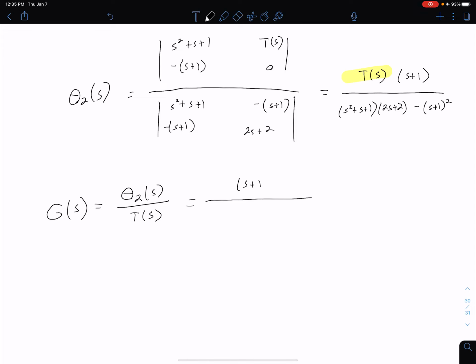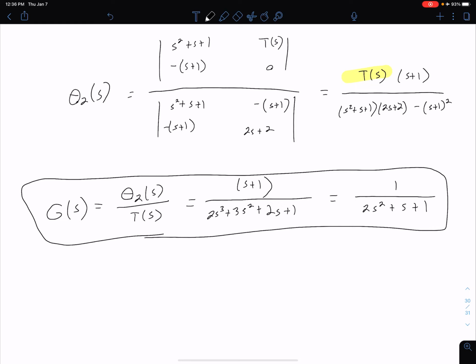We'll have s plus 1, and we have 2s cubed plus 3s squared plus 2s plus 1, just factoring that out a little bit. Then we can actually cancel out an s plus 1 if we factor out the denominator, so we get 1 over 2s squared plus s plus 1. That would be our final answer for our transfer function.